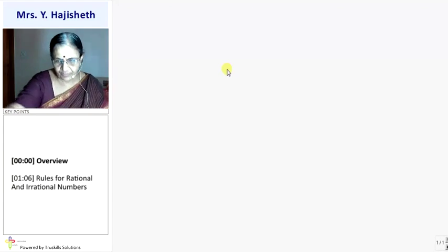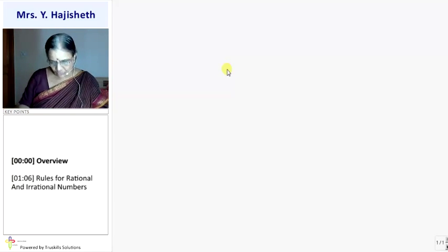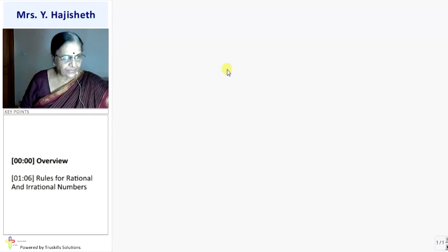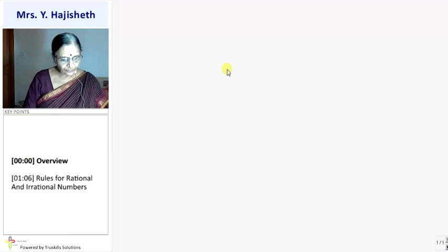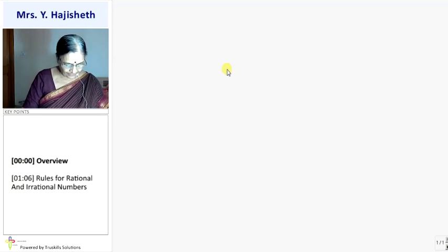Now, in the last lecture, we completed how to convert decimal to rational and rational to decimal. Clear? Also, we completed how to represent an irrational number on the number line.